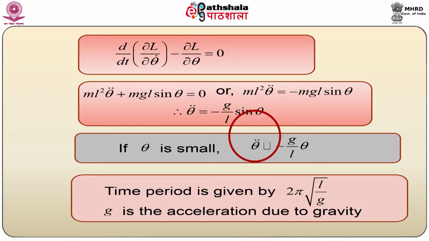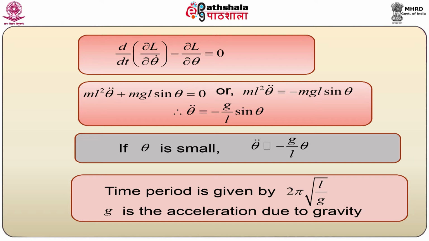This indicates that the pendulum executes simple harmonic motion. Here g is the acceleration due to gravity, L is the fixed length of the string, so the ratio is a constant quantity which is positive, so negative sign retains.